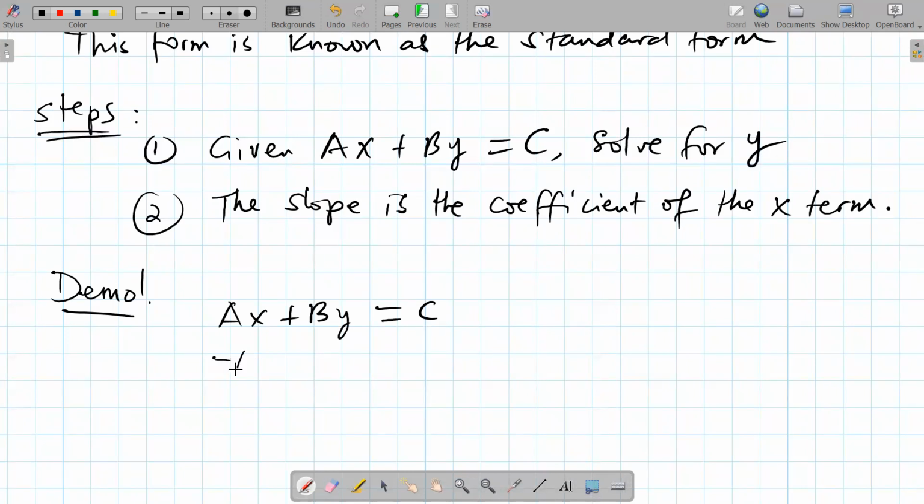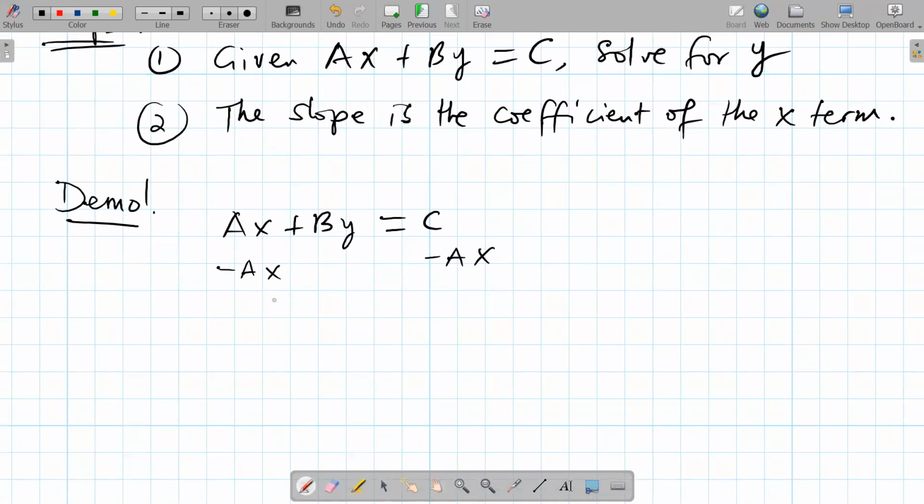So I'm going to subtract ax on both sides, and that will leave me with by, because the ax will cross out. Then I'm going to have minus ax plus c. The c here is positive, that's why we have the plus there. And then I got to divide both sides by b.